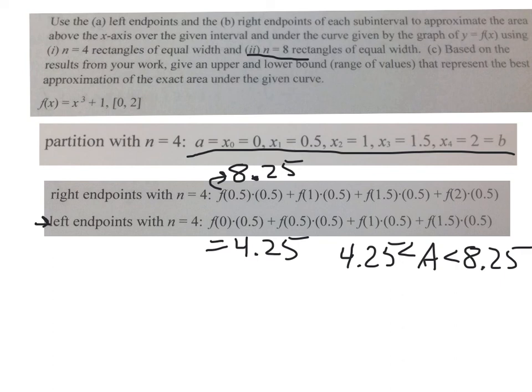We'd start with 0, end at 2, but our width with 8 rectangles would be 1/4 rather than 1/2. And the setup would be very similar. We'd just have a lot more calculations to do with the 8.